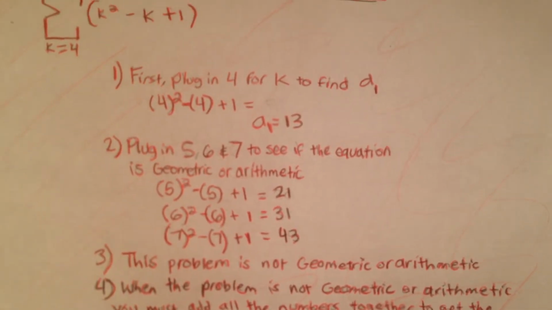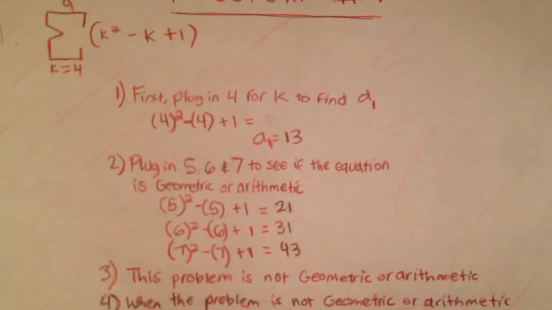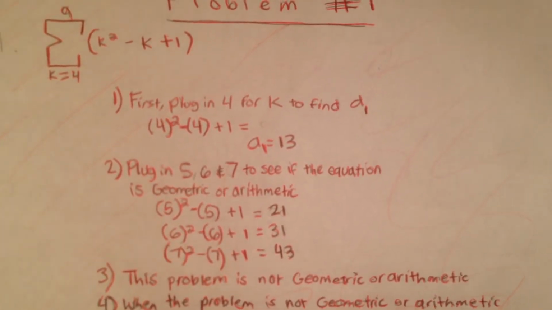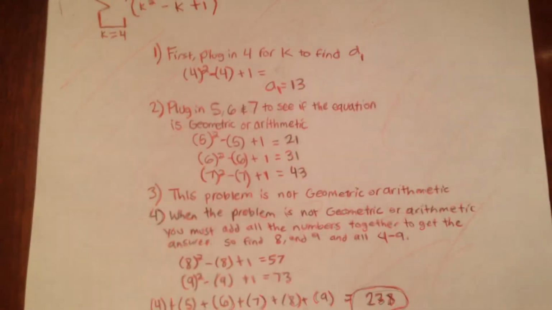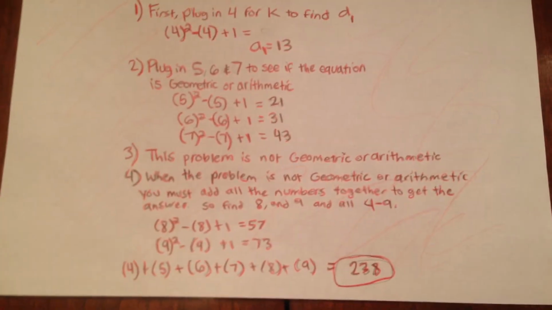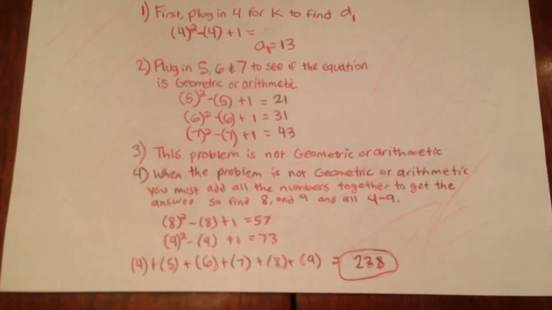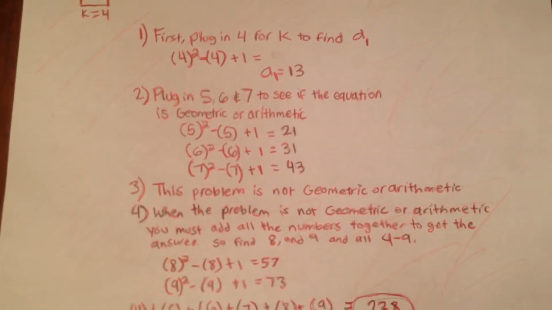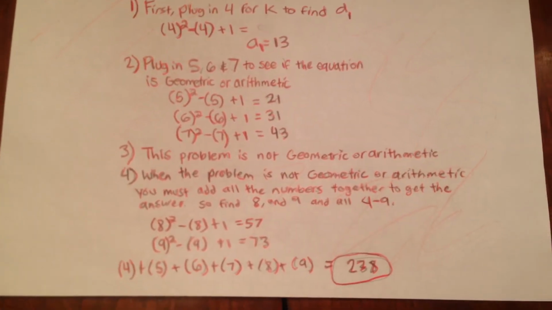After doing about 4 terms, you can then identify whether it's arithmetic, which is adding, geometric, multiplying, or neither. And in this case, it's neither. So we have to do a different route, but if it was arithmetic or geometric, then you could use the sum formula to solve the rest.